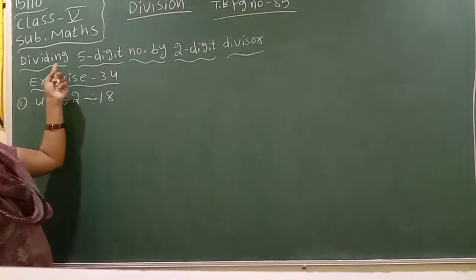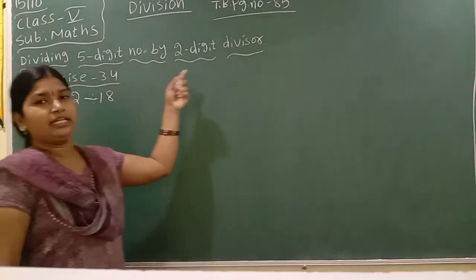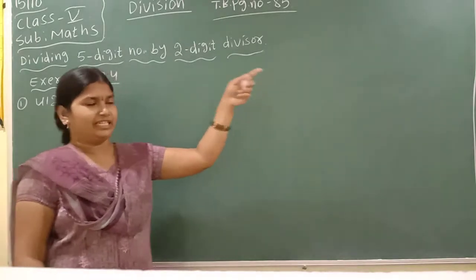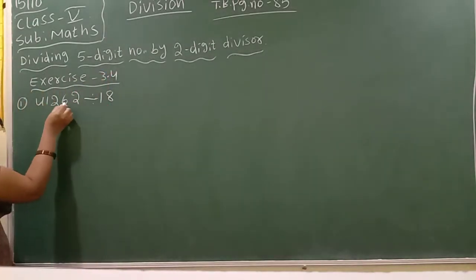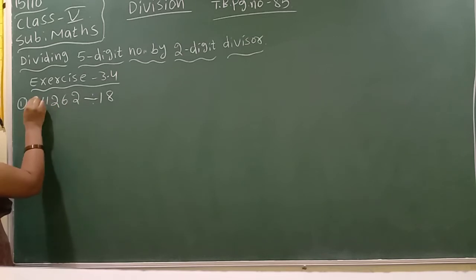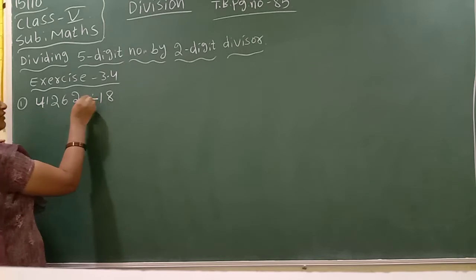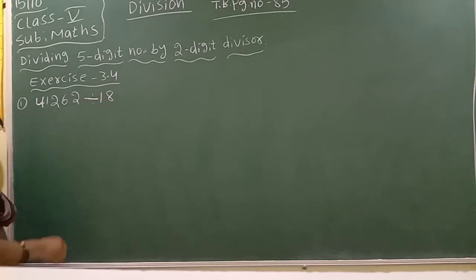That is dividing a 5-digit number by a 2-digit divisor. Okay, exercise 3.4. See, 1, 2, 3, 4, 5. They gave a 5-digit number and we have to divide it by a 2-digit number.